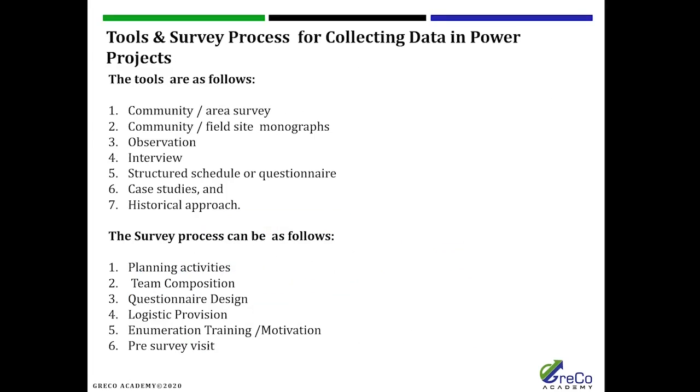Next on our slide are the tools and survey process for collecting data. The tools are as follows: maybe a community area survey. We use an area survey using GIS, using Google Maps to get information about a particular location where a power plant is to be sited.